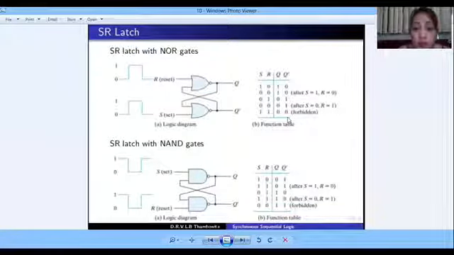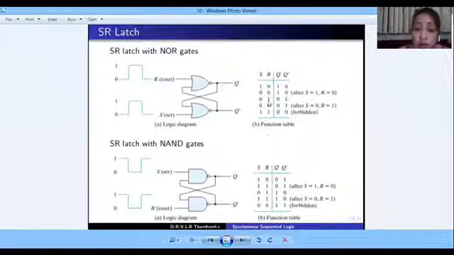Then, in this one, this part, this is the truth table for NAND gates. At 0, 0, it is open. Both are open. And in 1, 1, that is the latch.